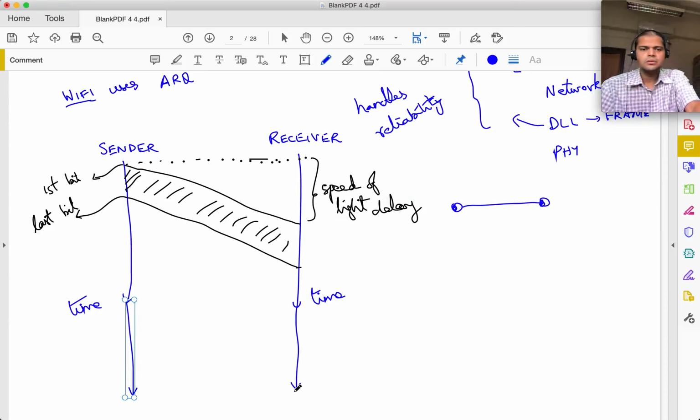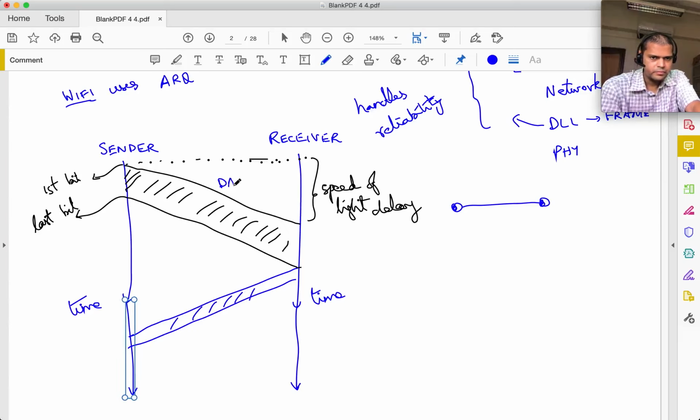So the obvious thing to do is that you ask the other end to send a reply, what is called an acknowledgement. So this is your data frame, which would contain actually higher layer bits and so on with a CRC and whatever.